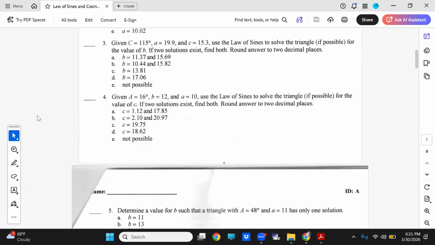He just said that we're only going to get into the law of sines for now. Are you guys doing law of cosines? Have you heard of that? No. Okay, so we won't worry about that then.